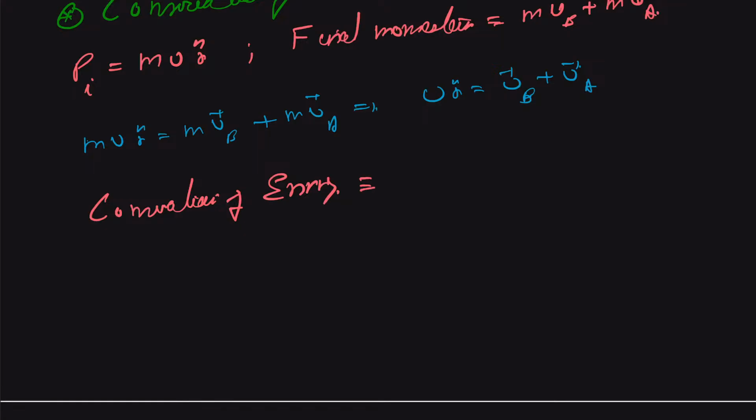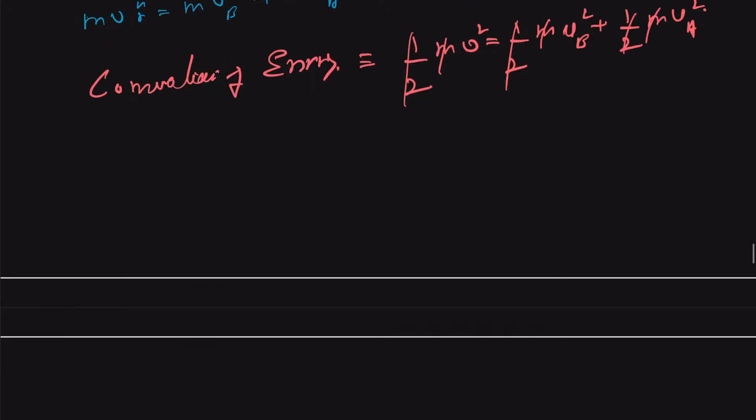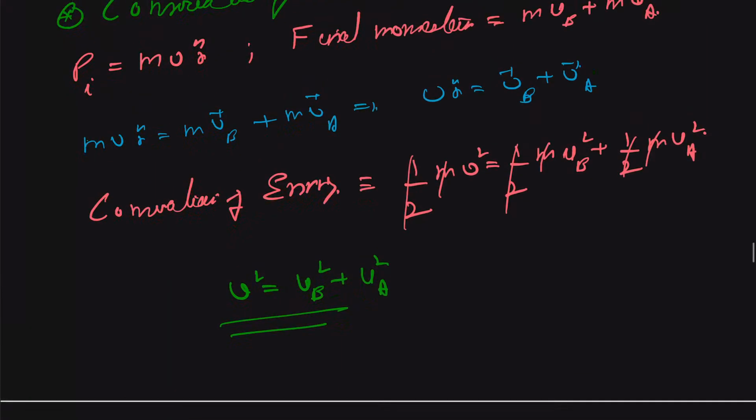We can write that our initial half m v square is equal to half m ub square plus half m ua square, and the half m cancels out, and this gives us that v square is equal to ub square plus ua square. Let us suppose this is our equation number 1.